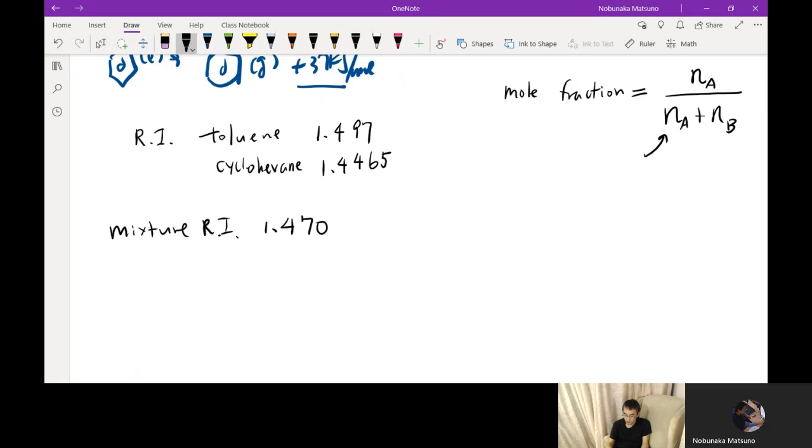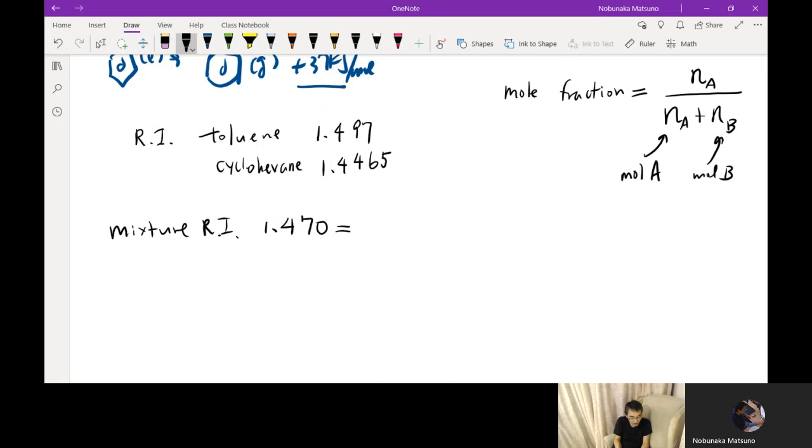So each one is moles of A, and this one's moles of B. In this case, we don't know how much toluene there is, so we call it the mole fraction of toluene.